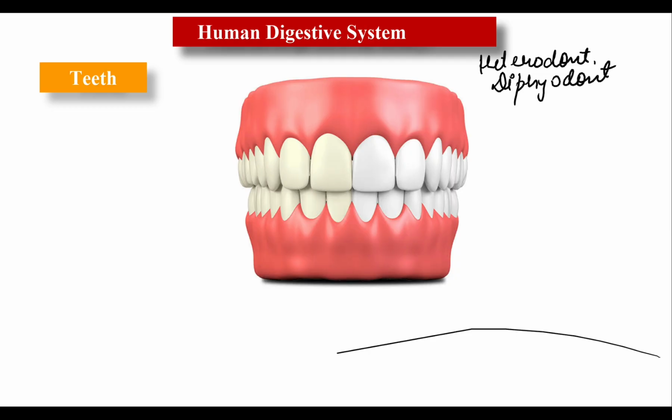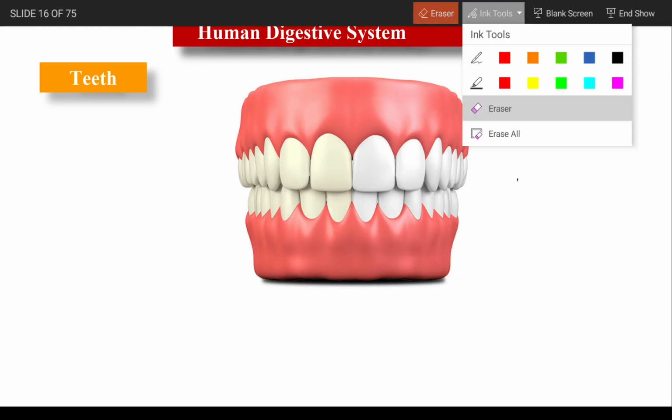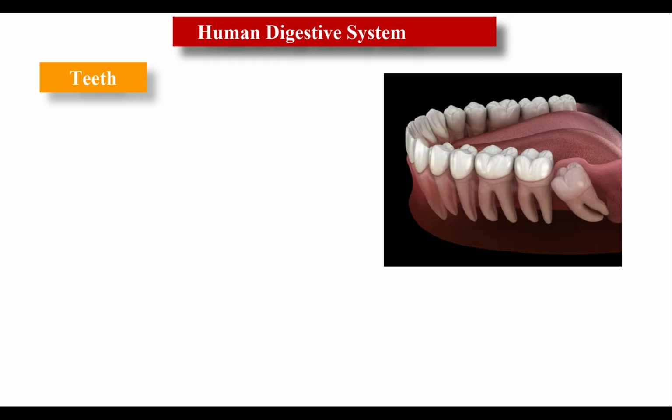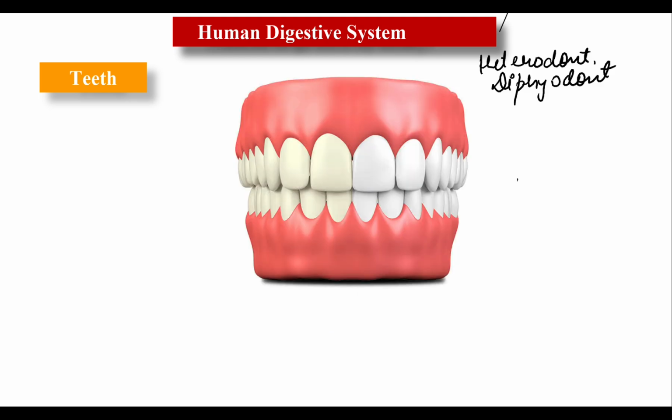Just give me a second, let me check what's going on. Let me erase this thin line now, it will create difficulty. Hanji. Give me a second. Okay, so our dentition is heterodont, diphyodont.